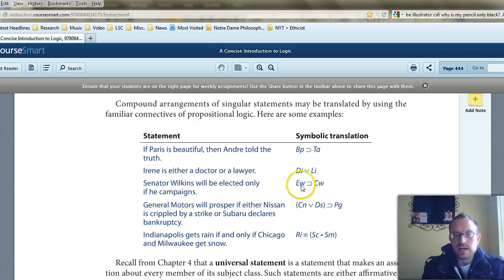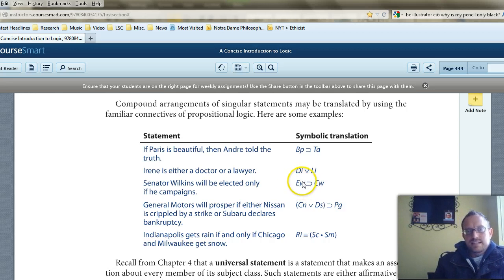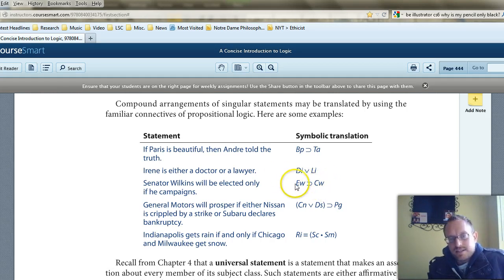So that would be: if Wilkins is elected, then Wilkins campaigned. That's how that statement looks. Remember, only if means that you actually reverse the sides there.